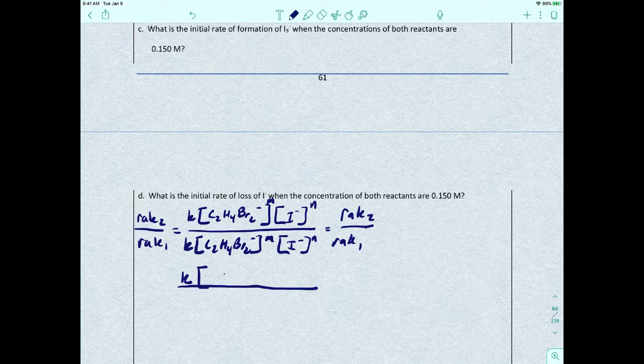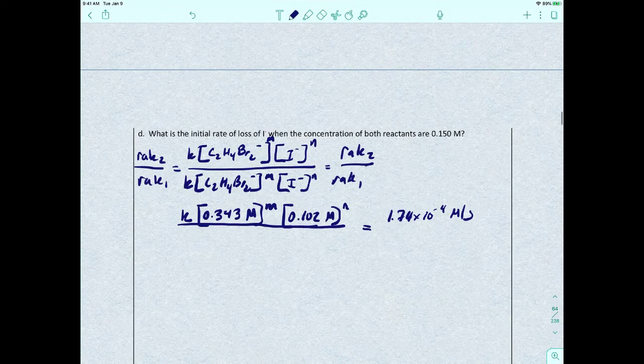So that was 0.343 molar raised to the m power times the concentration of I minus, which is 0.102 molar raised to the n power. That's equal to the rate of that reaction, which was 1.74 times 10 to the minus fourth molar per second. Okay, let's write the rate law for experiment 1.